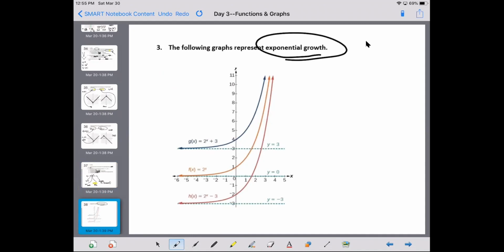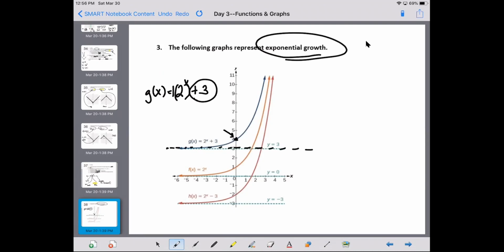Notice the equation g of x is equal to 2 to the x power plus 3. Notice this plus 3. There's your asymptote. But notice the y-intercept. You're looking at it here and you're thinking, well, wait a minute, it just went through 1, but over here it's understood to be 1.